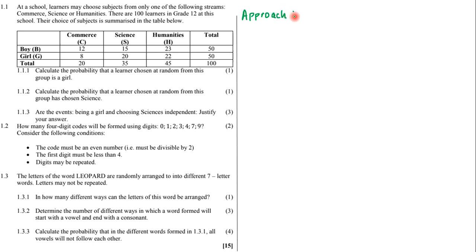Our approach is that we're going to find the probability that all vowels follow each other, right? Yes, the question is asking the probability that they will not follow each other, but we're asking what is going to be the probability of them following each other, because it's easy for us to do that, right?